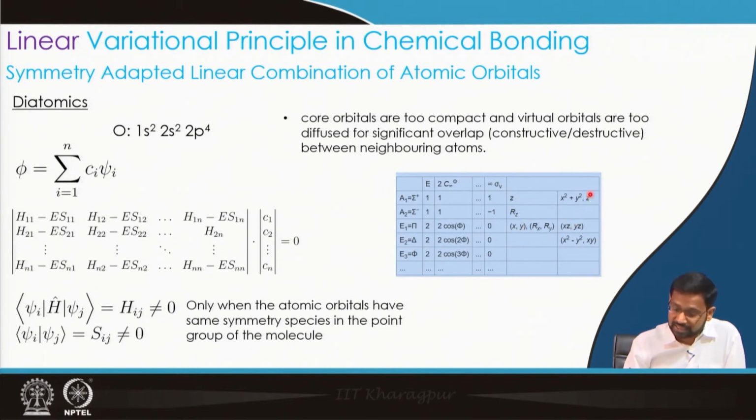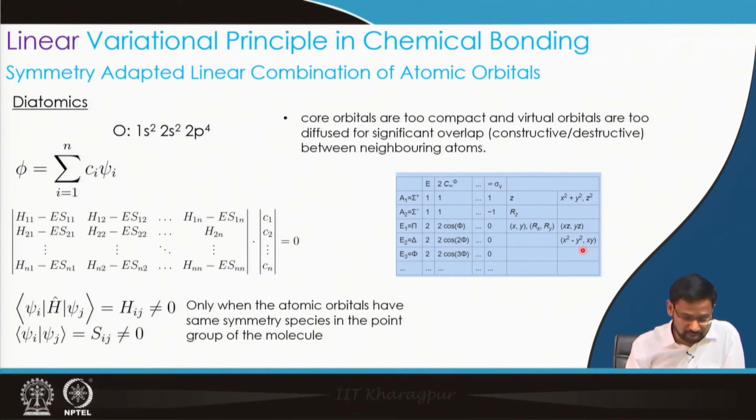Then you see that z square, xz, yz, x square minus y square, xy, they represent the symmetry of the 5d orbitals. So, looking at the character table, we can see, for the molecule represented by that particular point group, which irreducible representation the atomic orbitals of that system span.